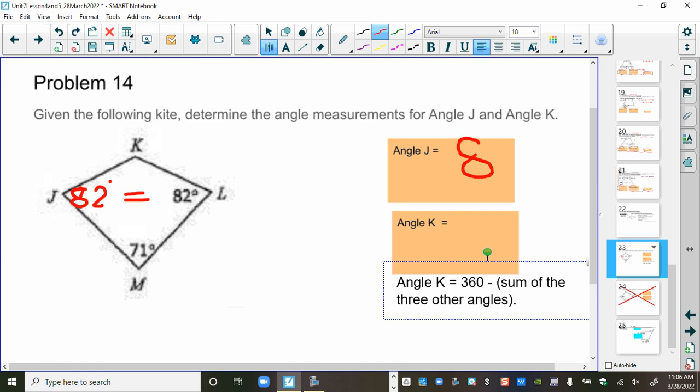Let me rewrite that. Now, angle K, you got to take the sum of all three of your angles. Add all three of them up, and then you're going to subtract from 360. So it's going to be 360 minus these three other angles. Is how many degrees? Yup.